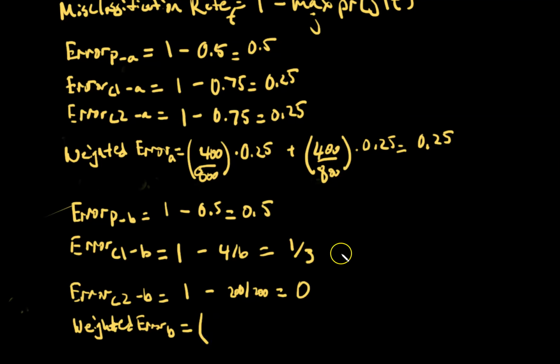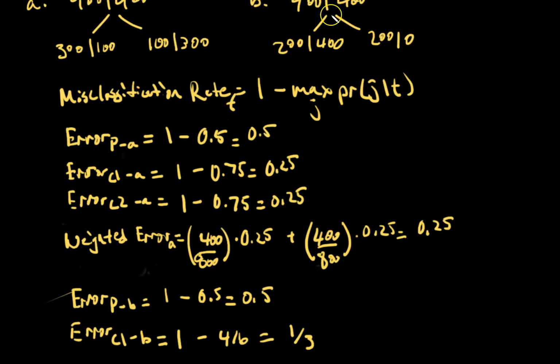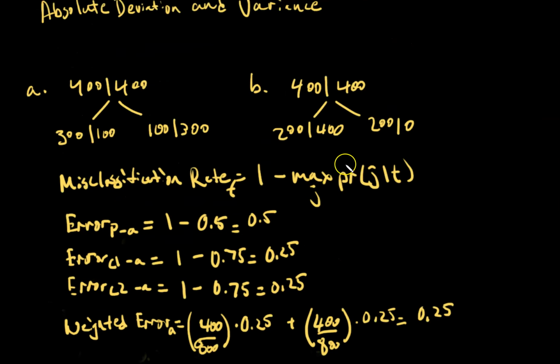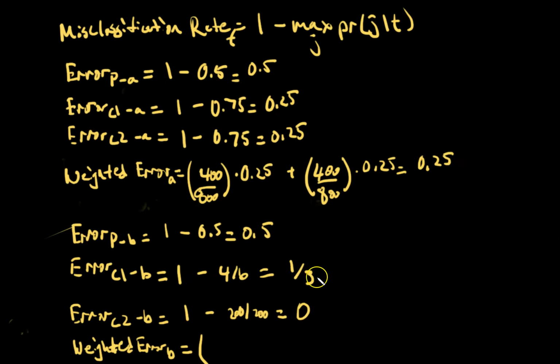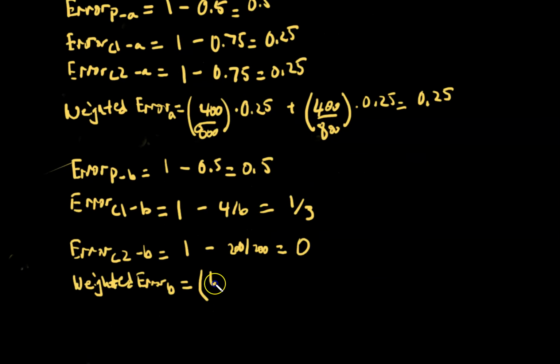We started with 800 right here, and then we have 600 right here, so that's going to be the weight, 600 divided by 800, times, what was that error? It was 1/3.